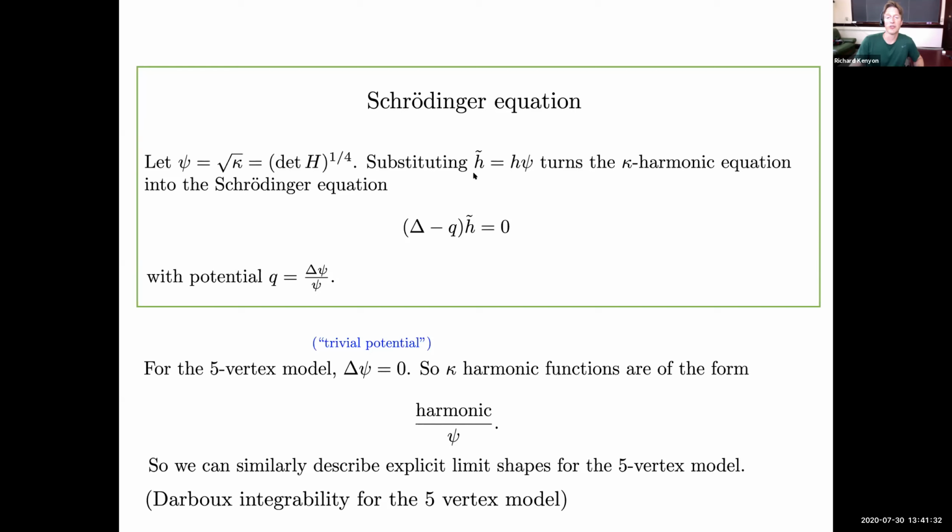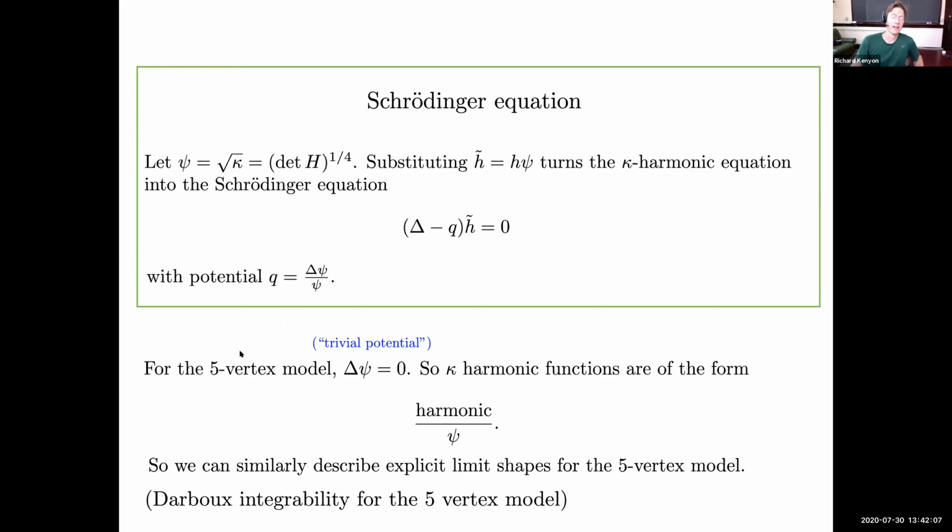So h tilde is our new function. H is the old height function, and I'm just multiplying it by the fourth root of the determinant, and then it satisfies the Schrodinger equation. This is a trivial one-line exercise. You can do all this yourself, where the potential term now: this is the usual Laplacian with respect to z minus q applied to h tilde equals 0, where the potential q is Laplacian of psi over psi.